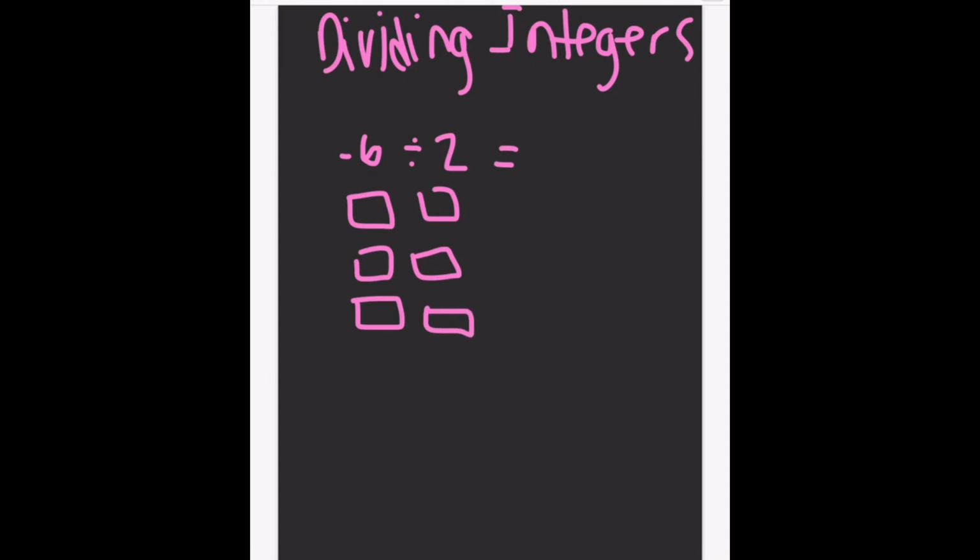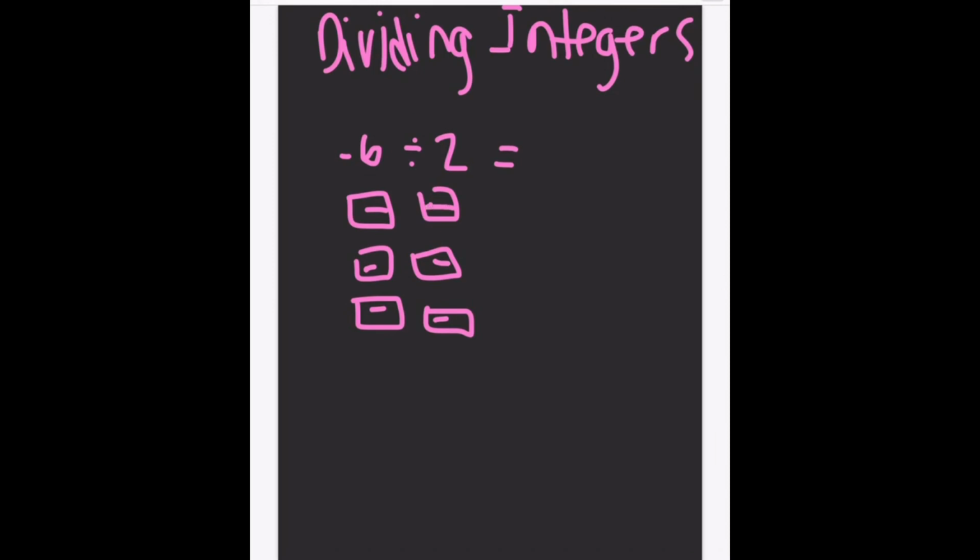If I have -6 divided by 2, I have 6 little boxes, and they're negative, so I put negative signs all over.